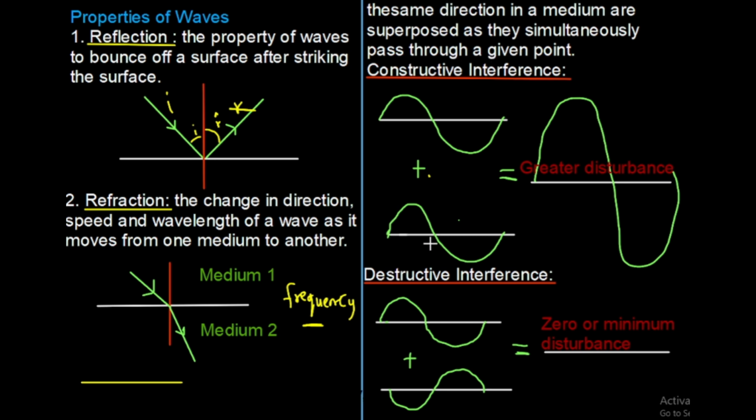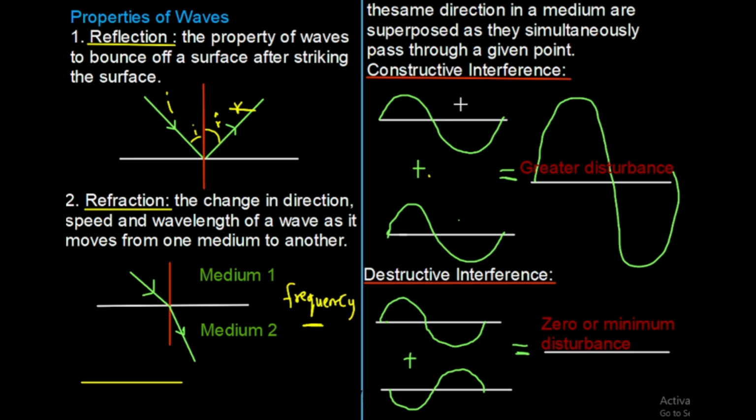Now, interference is of two types. We have the constructive interference and the destructive interference. This is constructive, whereas this is destructive. Constructive interference will give rise to a greater disturbance. Why?